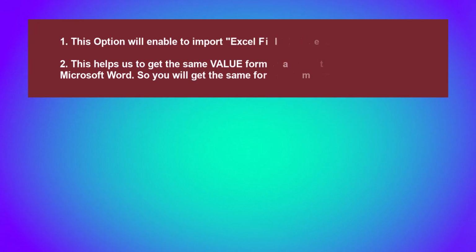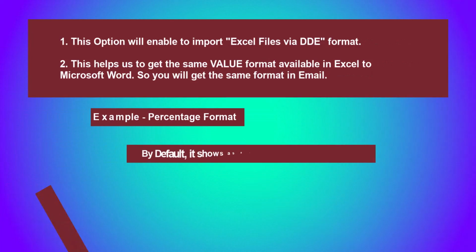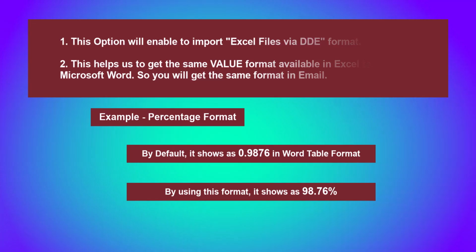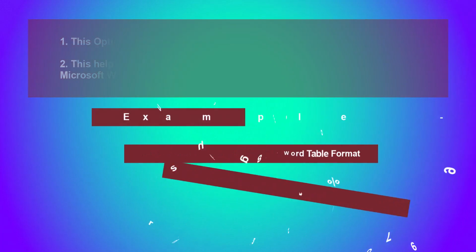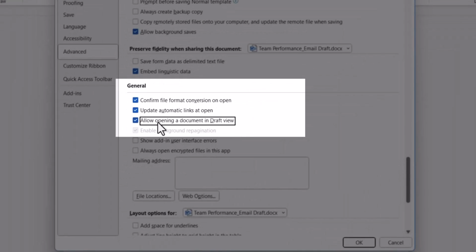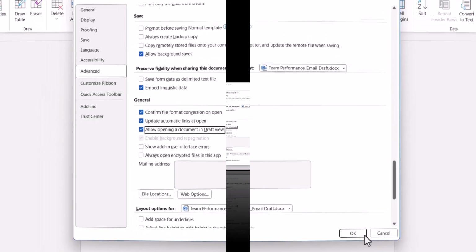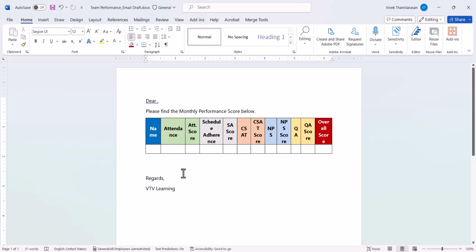By enabling these options, all values available in Excel will be retained the same in the body of our email. These two options must be enabled before loading your Excel file. Then click OK.